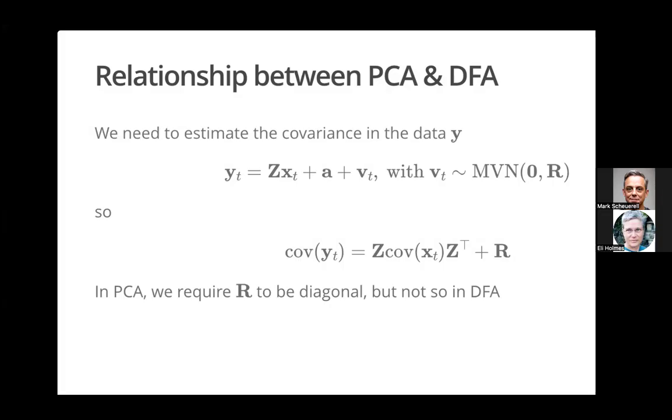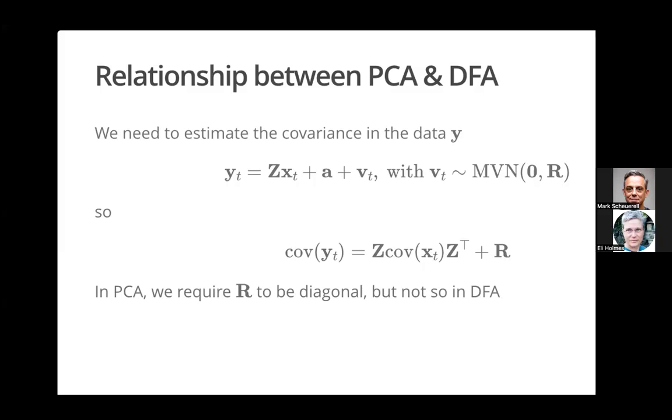If you wanted to see the relationship between these, here's our observation model for a dynamic factor analysis. Here's how you would basically figure out a PCA. Here's that covariance, here's your loadings, and then here's some leftover bit, right? Because as you saw in the previous example, all the points do not lie perfectly on those principal components. We need to have some random variation away from it.